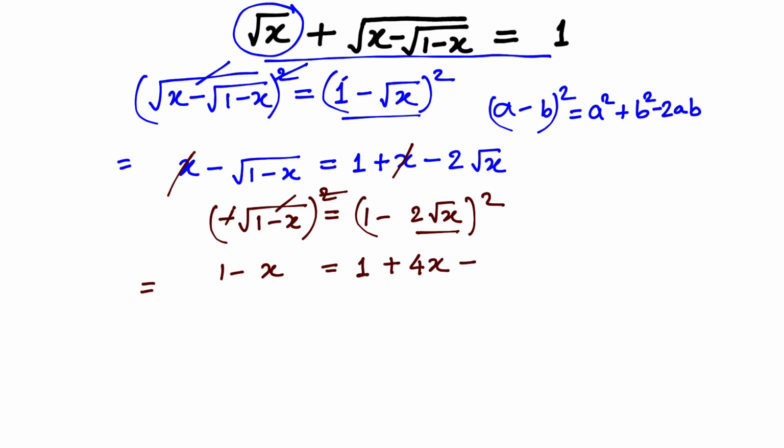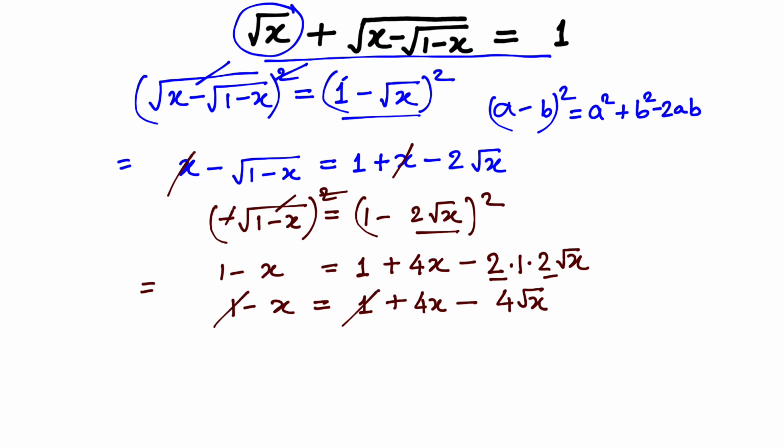And then from the formula it is minus 2ab. So minus 2, a is 1 and b is 2 under root x. So it becomes 1 minus x is equal to 1 plus 4x minus 2 twos are 4 under root x.